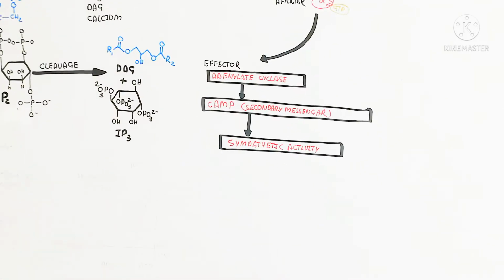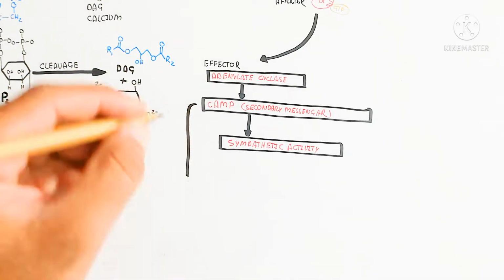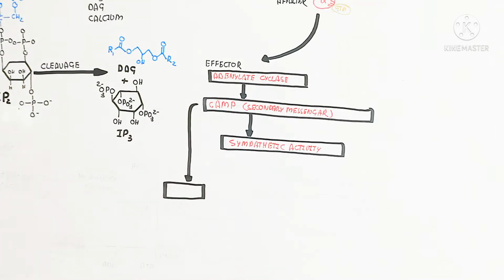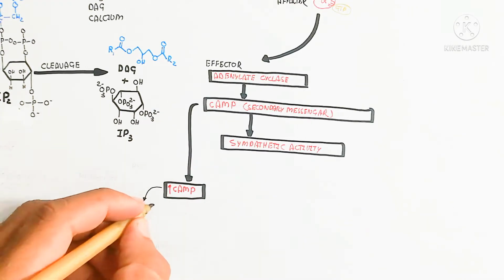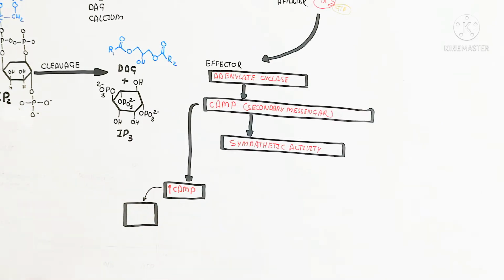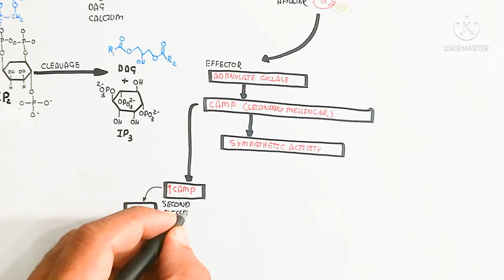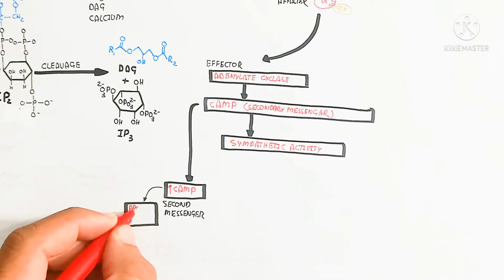So cyclic AMP will be increased in the cytoplasm. This second messenger will trigger protein kinase A, which leads to the activation of phosphorylase kinase using ATP.